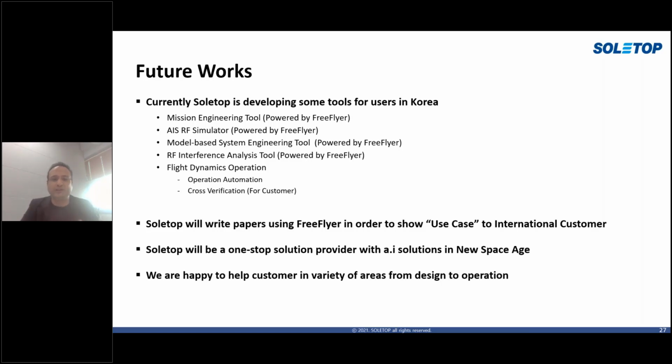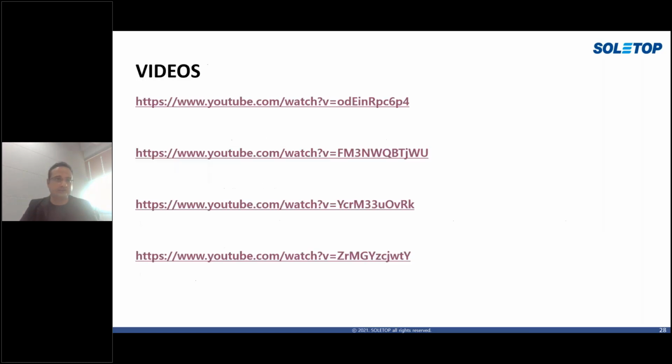Soletop is becoming a one-stop solution provider for AI solutions in the new space age, because this is a huge transformation that we are bringing to the table, and this transformation is quite quick, faster than estimated. We are leading, and we are proud of the fact that Soletop is leading this transformation. We are supporting customers in various areas, from design to operation, in different ways.